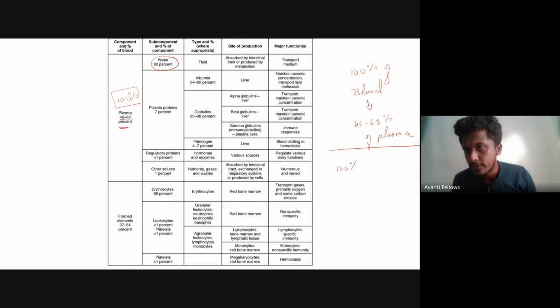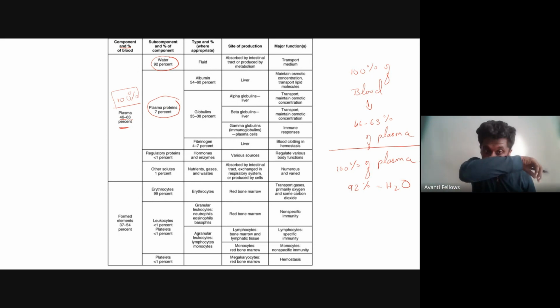Out of 100% of plasma, I hope you can understand now. Out of 100% of the plasma, you can see that 92% of the plasma is made up of what? Water, people. 92% is made up of water, and 7% of the plasma is made up of proteins, which are very, very important proteins called plasma proteins.